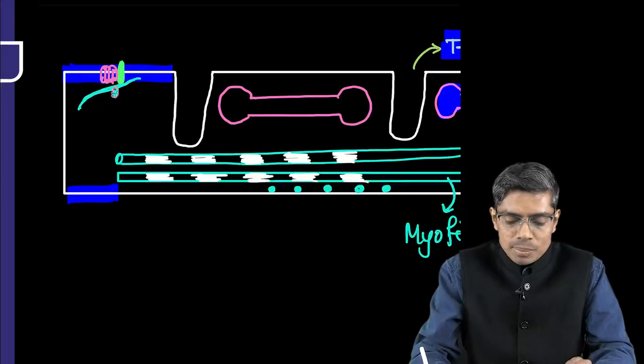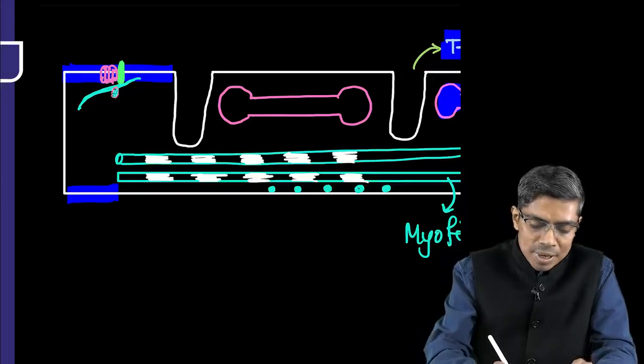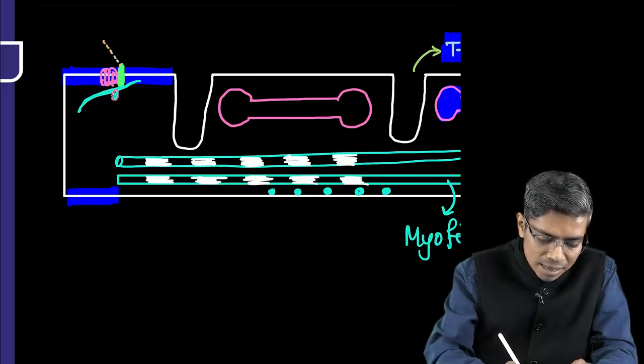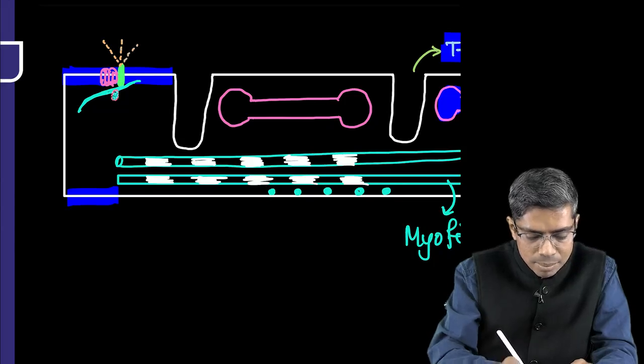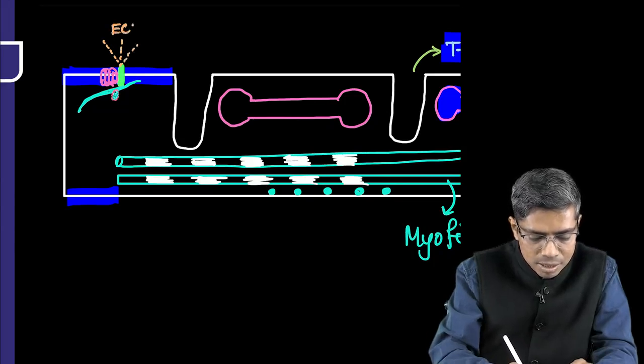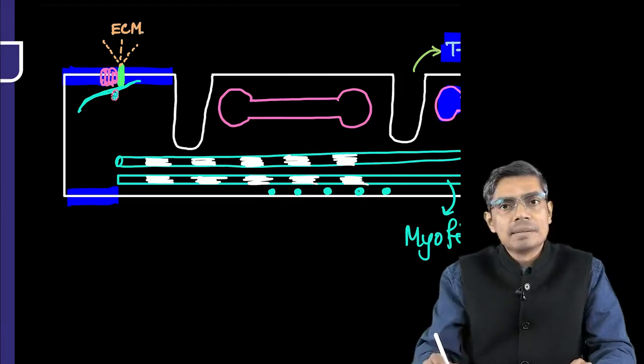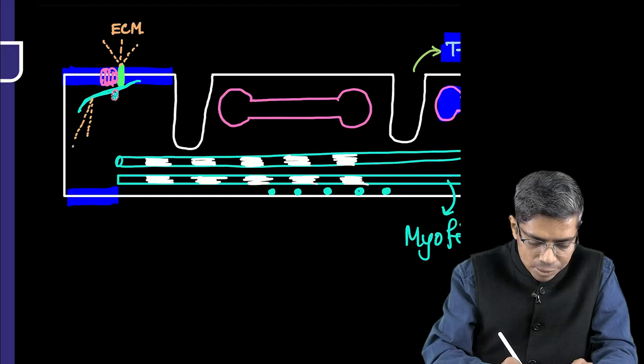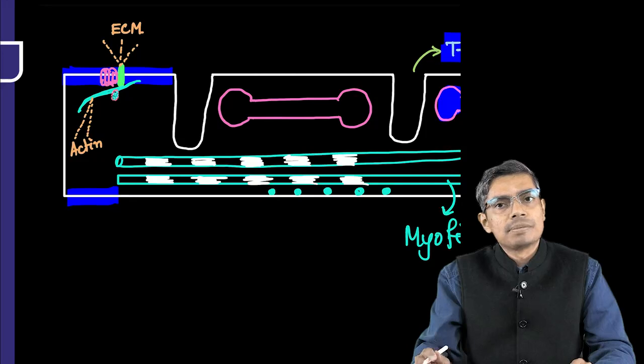So what are these membrane proteins doing here? Extracellularly, they remain attached with extracellular matrix protein like laminin. And intracellularly, these proteins remain attached with the cell cytoskeleton protein, particularly the actin cytoskeleton protein.